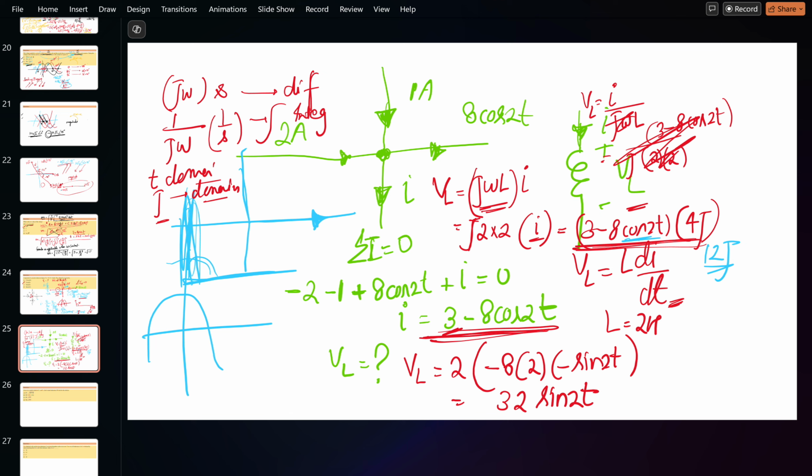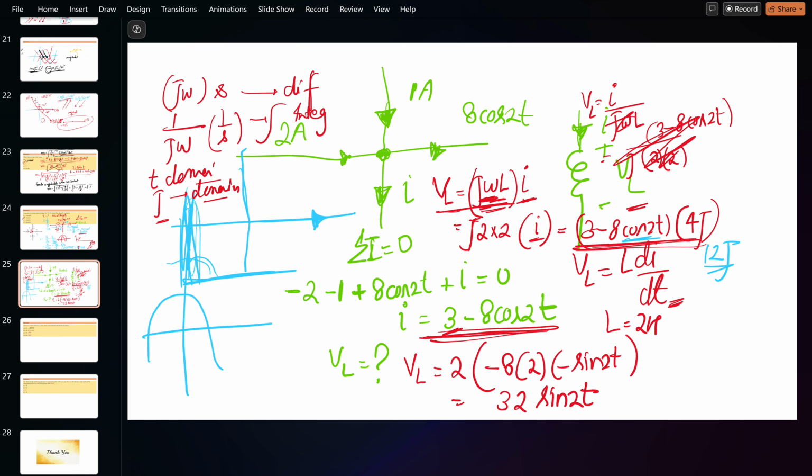So usually j omega means differentiation. Here also, if you see, VL is equal to j omega L multiplied by I. J omega means differentiation. Just differentiate I one time, multiplied by L, and you will get the answer. Okay? This is an easier way to get it.